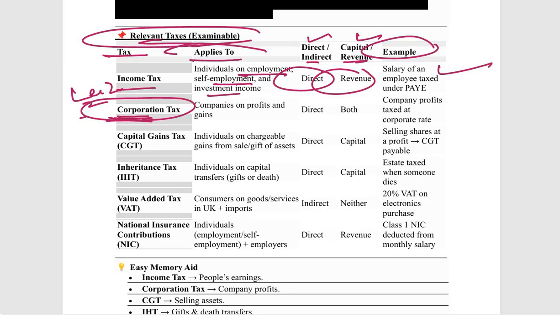Corporation tax applies to companies on their profits and gains. It's also a direct tax, the same way we discussed income tax. But here is the twist. It can be both revenue and capital, depending on whether it is taxing profit or gain.